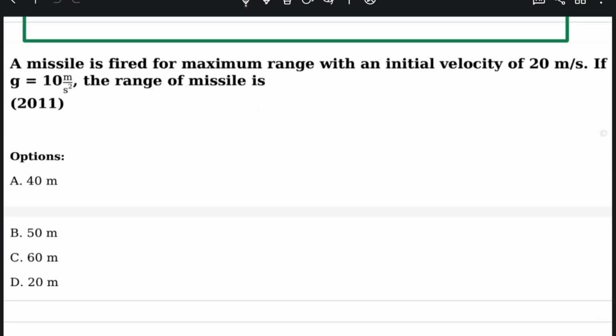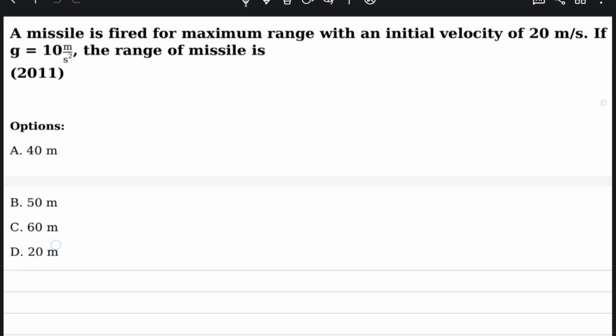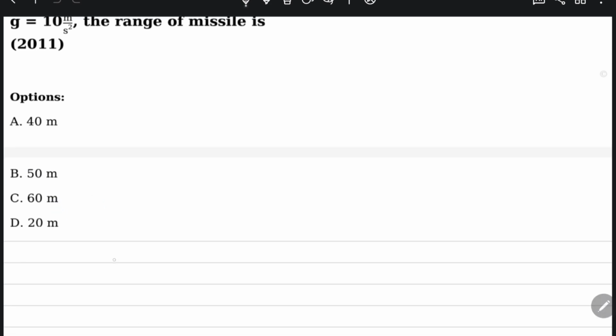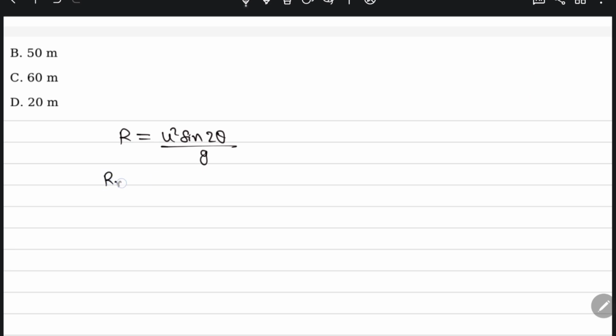A missile is fired for a maximum range with an initial velocity. The range of the missile is the maximum range. First you know the formula, range is equal to u square sine 2 theta upon g, and for the range to become maximum, this means range becomes u square upon g, and sine 2 theta is equal to 1.